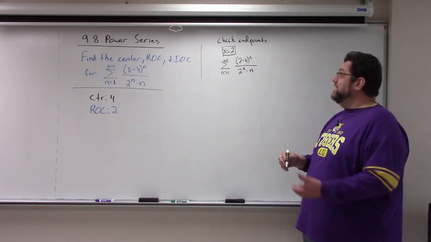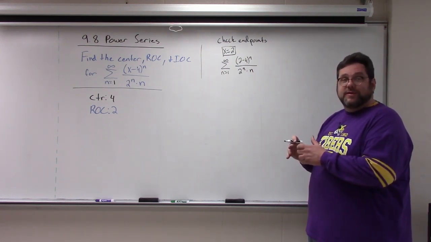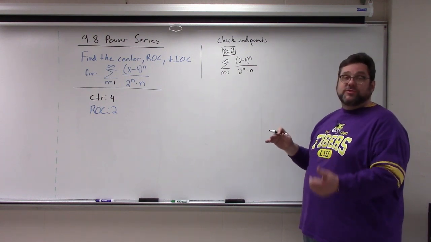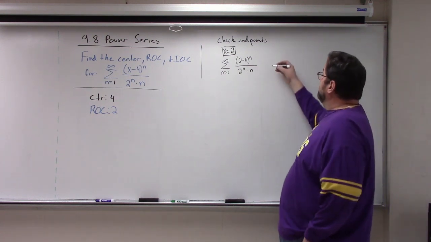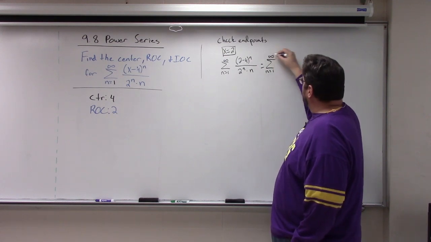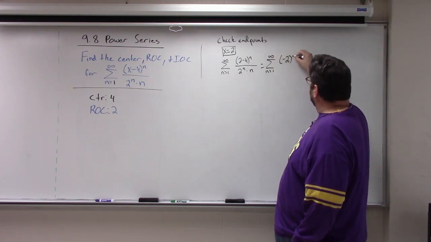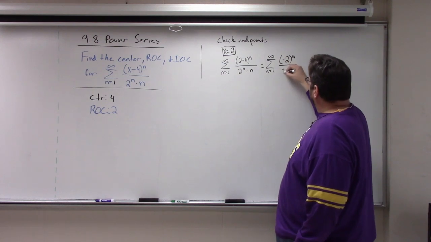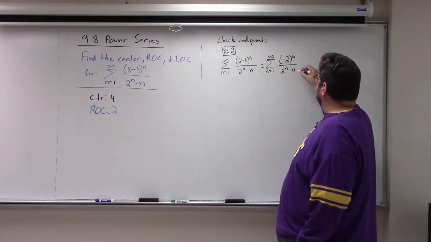This is a particular series that I want to know if it converges or diverges. That's the sum from n equals 1 to infinity of (-2) to the n over 2 to the n times n.